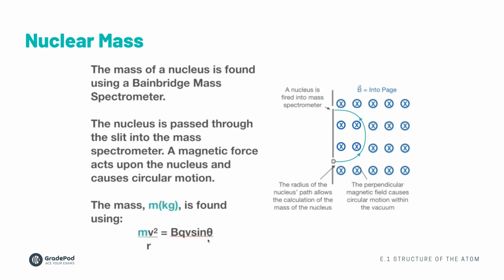So we can get rid of sine theta. We know the speed of the nucleus, we know the charge on the nucleus. We can find out the size of the magnetic field. We can measure the radius by simply measuring that distance there. And we can determine the speed of the nucleus going into the spectrometer. All those things will tell us what the mass of that nucleus is.